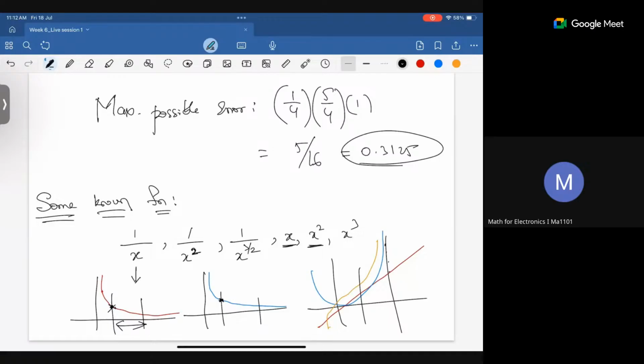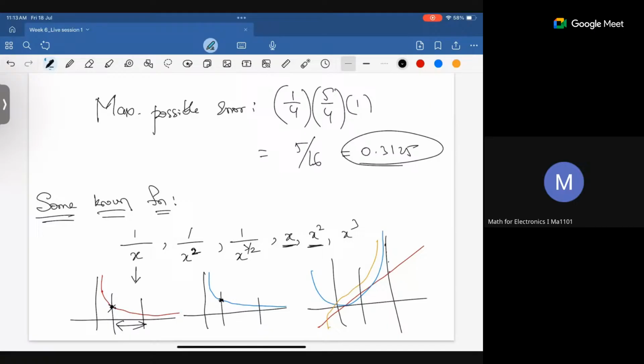Because at 0 it will blow up, right? Excuse me, sir, for 1 by x, for the above problem we took 1 there because it was between the 0 and 1 interval.